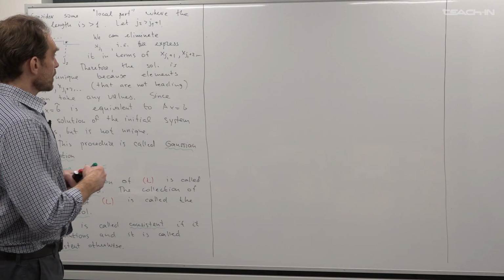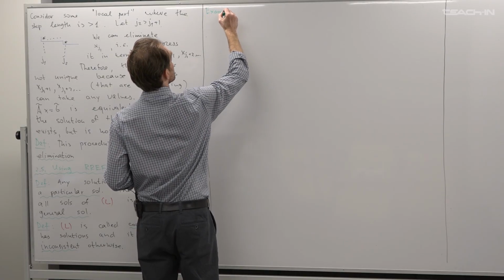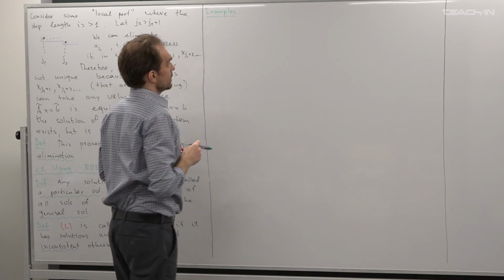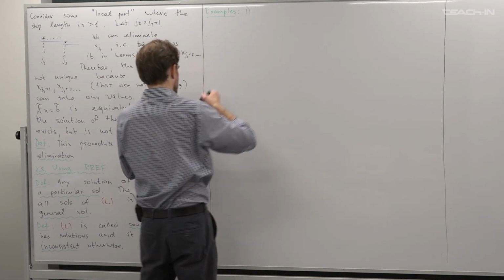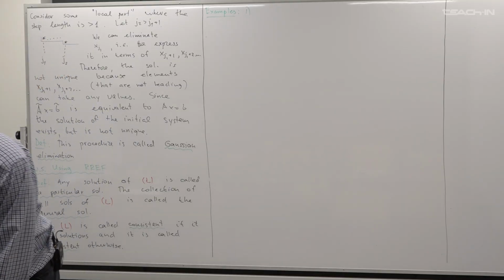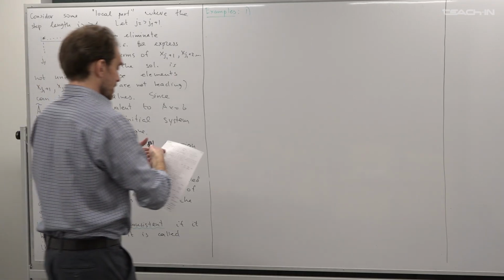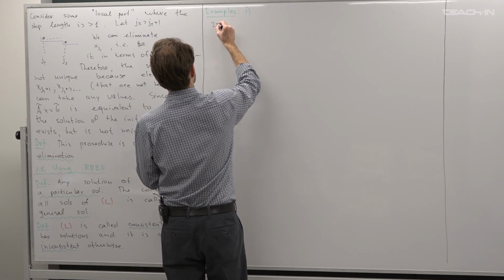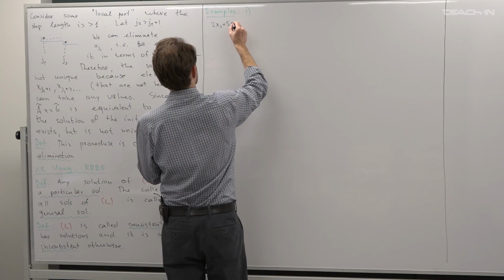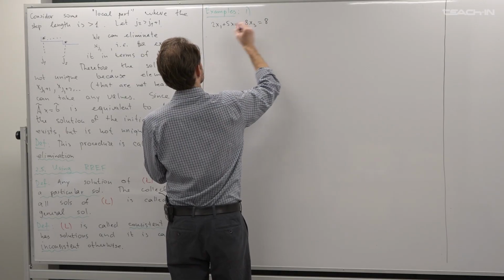Okay, so now we'll consider a couple of examples, and I'm going to demonstrate how reduced row echelon form can be used for finding solutions of linear systems. The first example would be the following system of linear equations. I will write it as a system first. 2 times x1 plus 5 times x2 minus 8 times x3 equals 8.